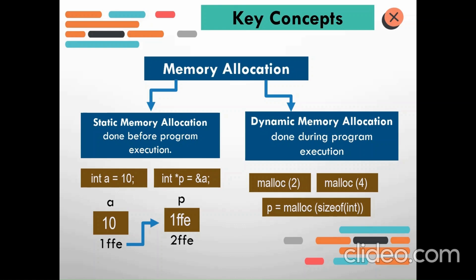That is what we are doing here. If we write only malloc(sizeof(int)), 2 bytes would be allocated, but there won't be any label pointing to those two allocated bytes. So this p would store the address of those two bytes that were allocated.